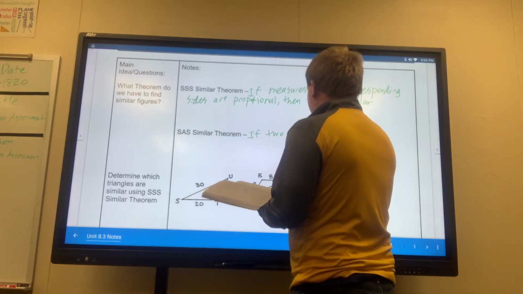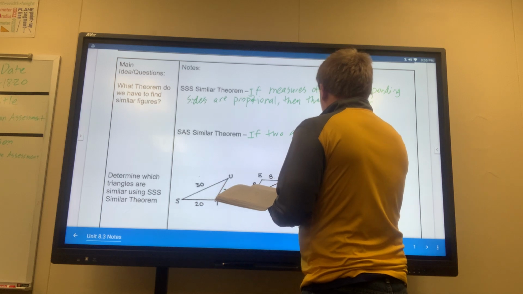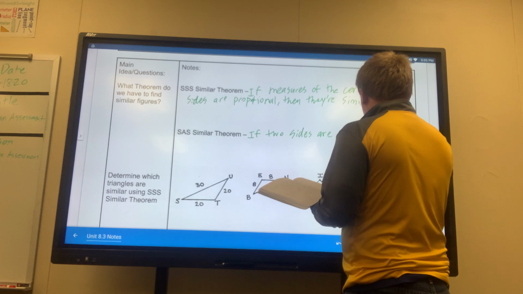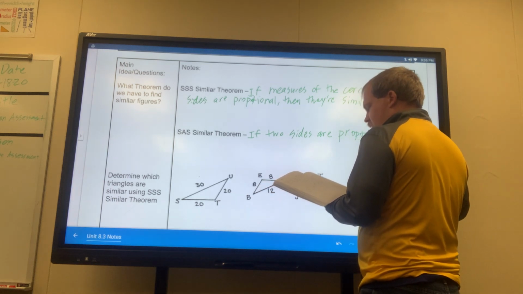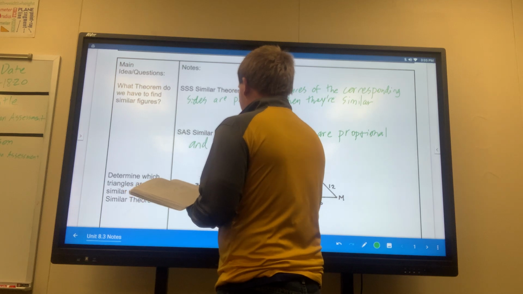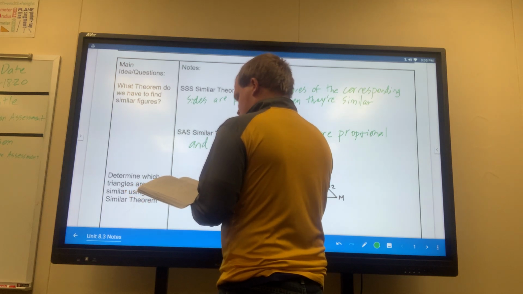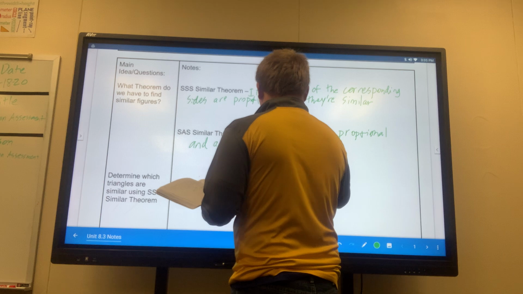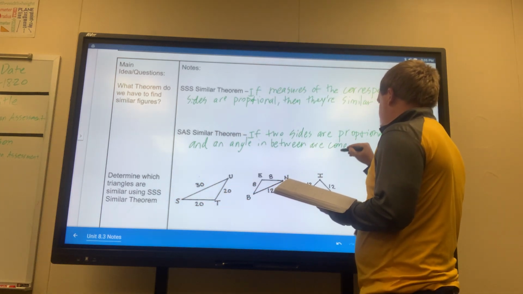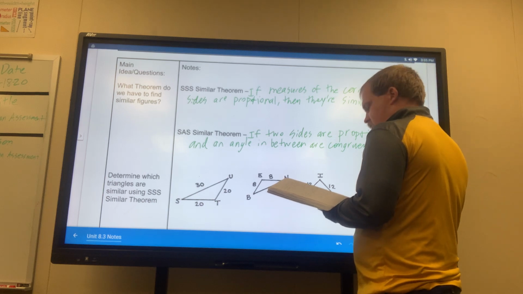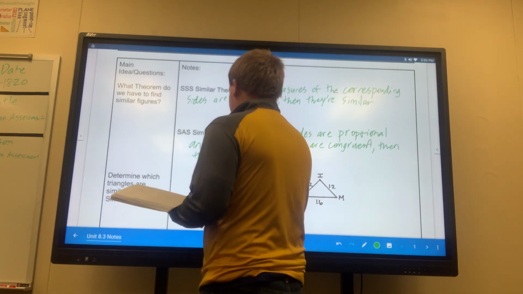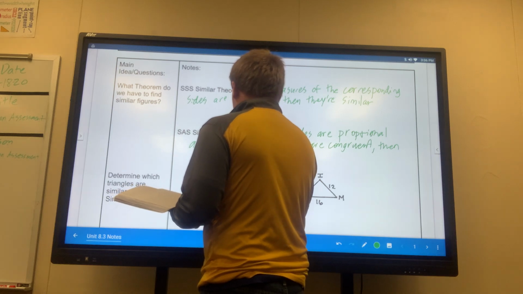If two sides are proportional, and an angle in between is congruent, then they're similar.